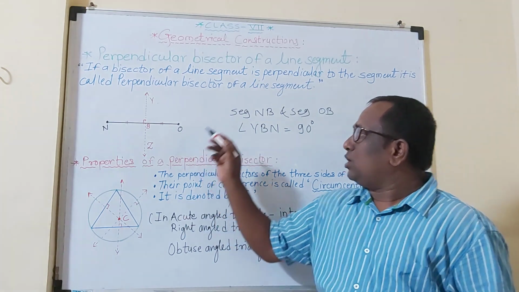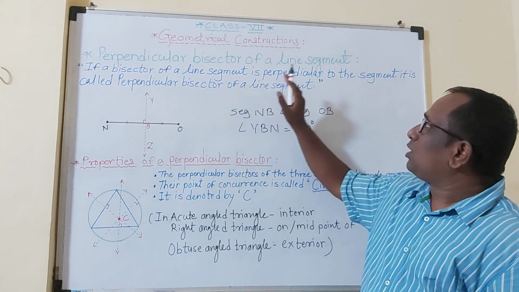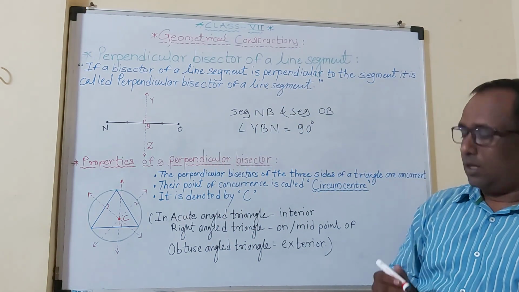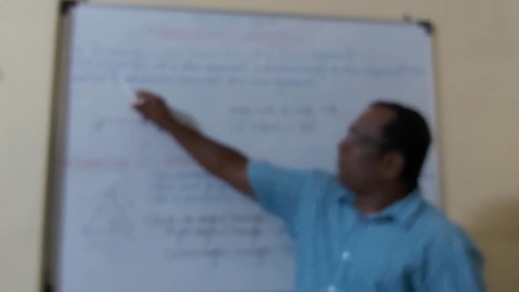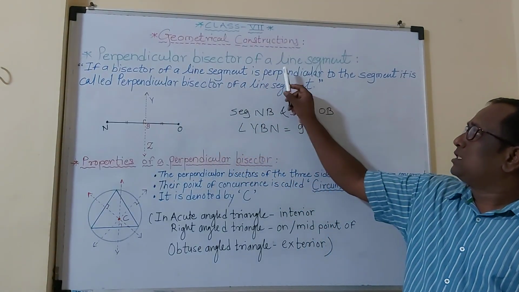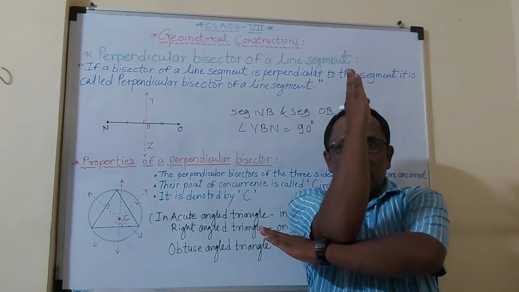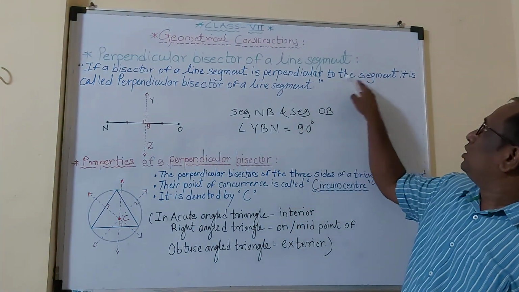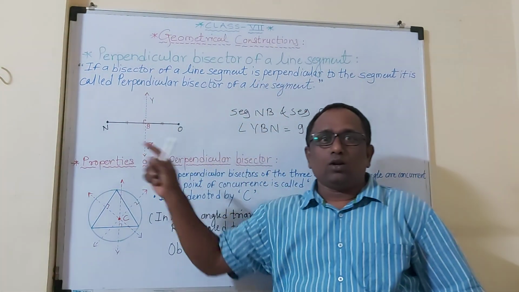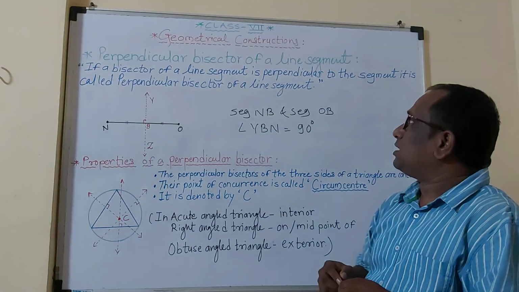Okay, so now students, this is called perpendicular bisector of a line segment. I repeat again, if a bisector of a line segment is perpendicular to the segment, it's called perpendicular bisector.